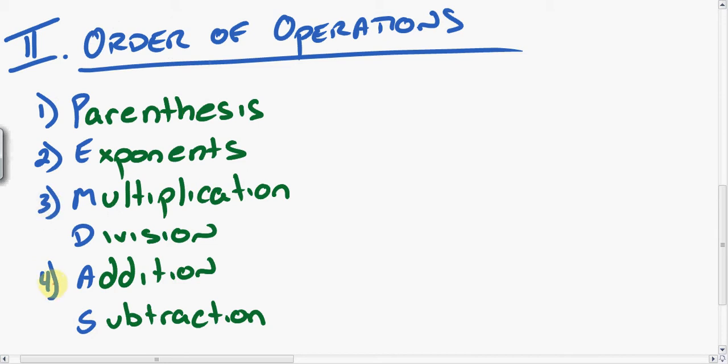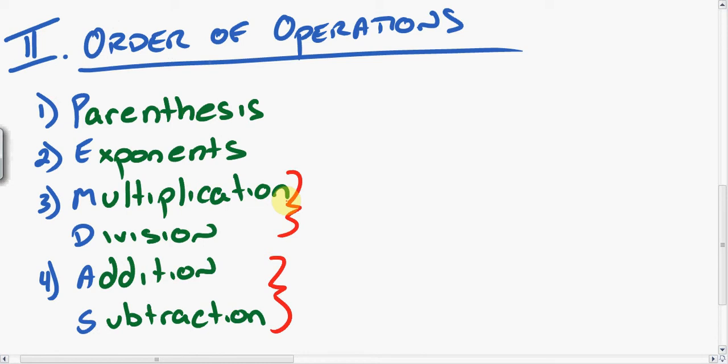I have only 4 of them because multiplication and division are actually grouped together, as well as addition and subtraction. You're not always going to perform your multiplication before division. All right? These come in a group. So as you're looking at the problem from left to right, you want to evaluate multiplication and division from left to right.